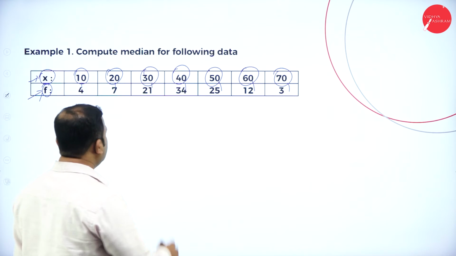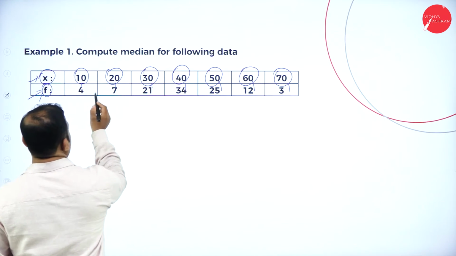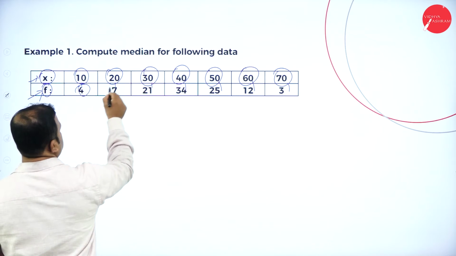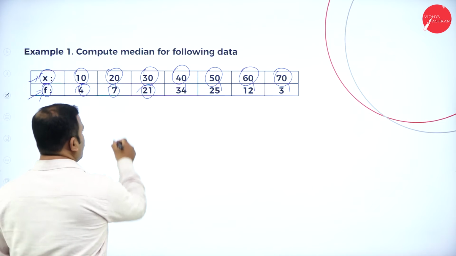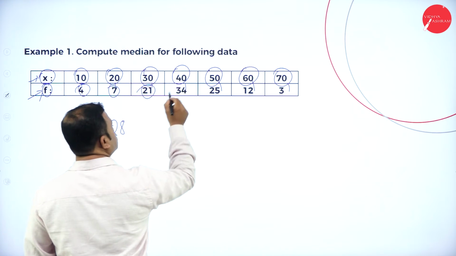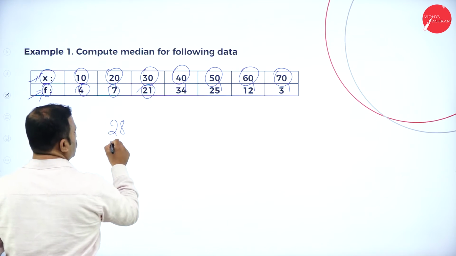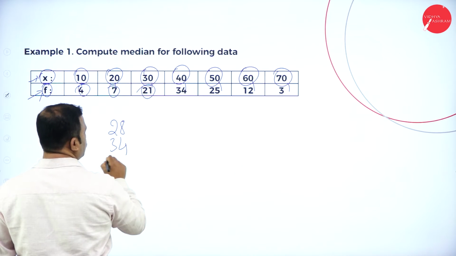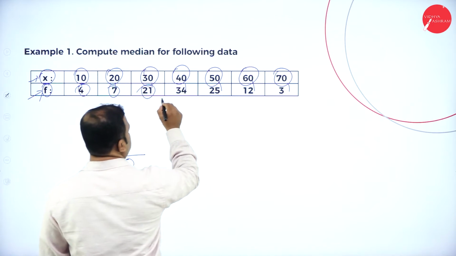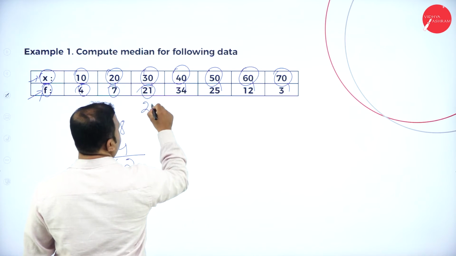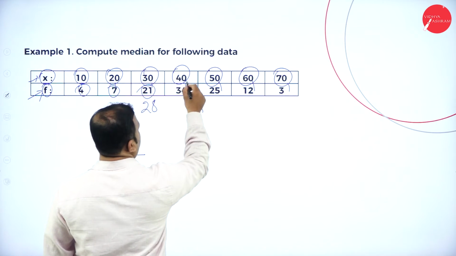How can I say that that is the 53rd term? If you observe it carefully here, 4 plus 7 is 11, 11 plus 21 is 28, 28 plus 34 is 62, the 62nd term. From the 28th to the 62nd term, we are left with 40.